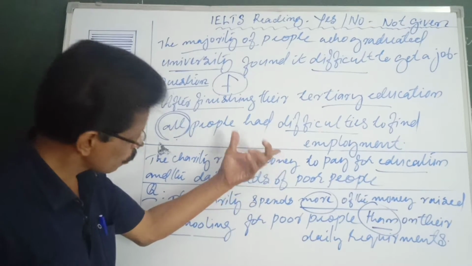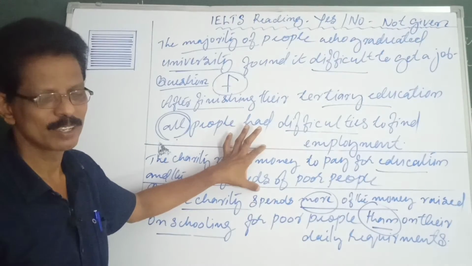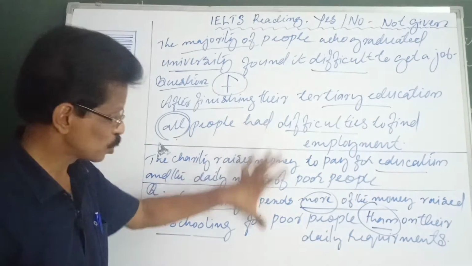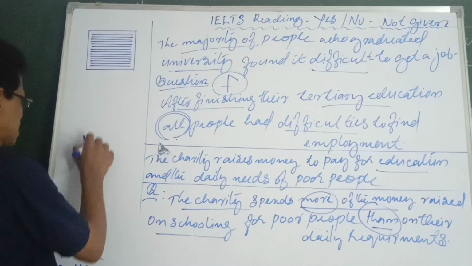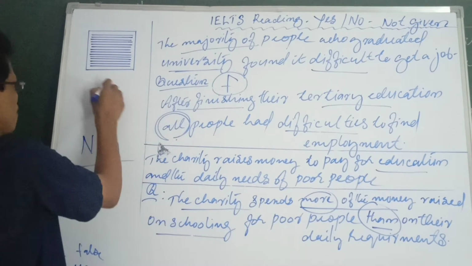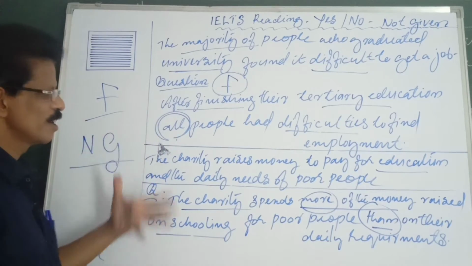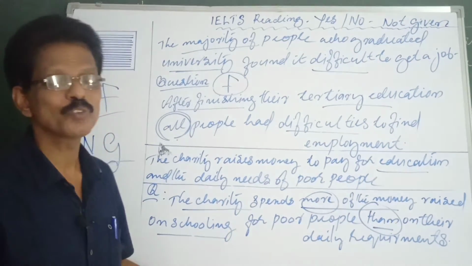If it should be opposite, less meaning should be there. That is not there. So it is not false, it is not true. Then the answer is not given. Here it is false, here it is not given. Is it clear to you? In this way, you have to find out.